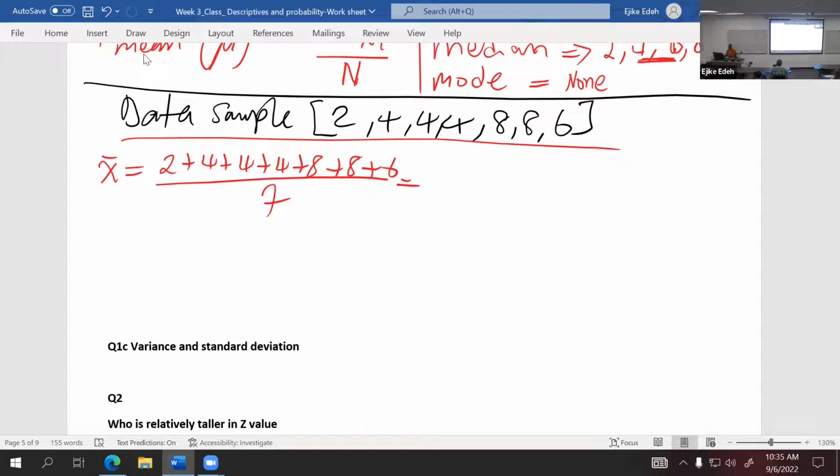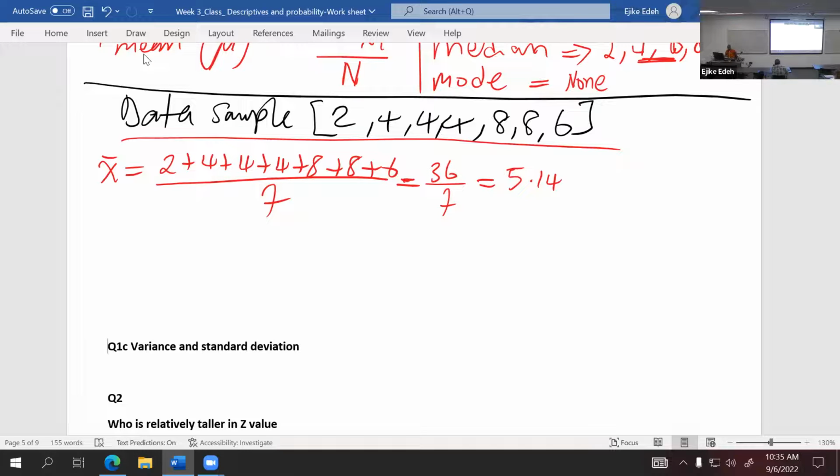Help me with the calculator here. What do we have on the numerator? 36. Anybody got something different from 36? No? Okay, so when we divide this up, what do we have? 5.14. Anybody got something different?